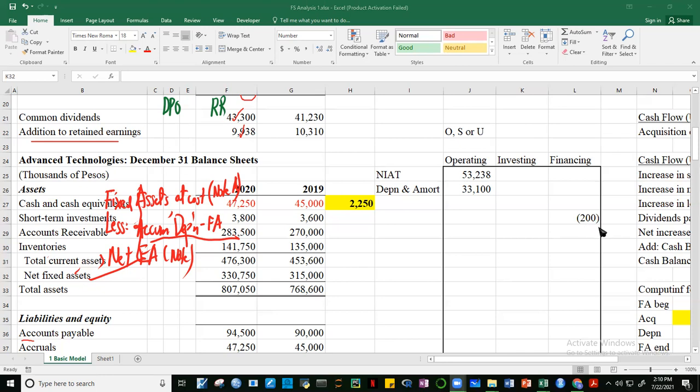Pag naka-parenthesis ba sa Excel, negative o positive? Negative, no? Negative. So, tama ba ito? Oh, yeah. Yeah, negative ito. So, mali tayo dito, no? So, dapat positive siya kasi dapat source of cash.